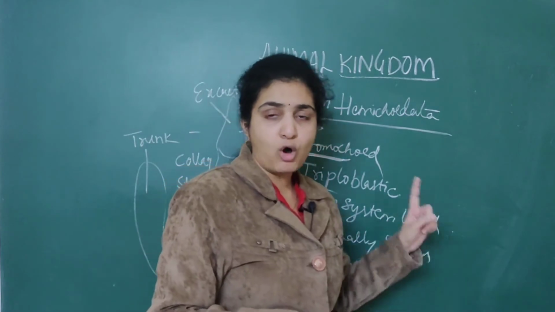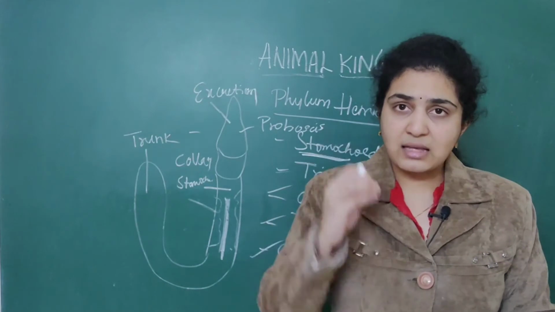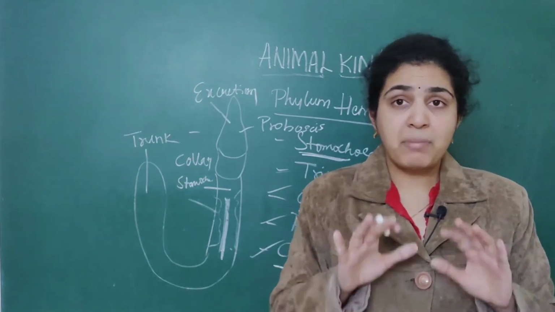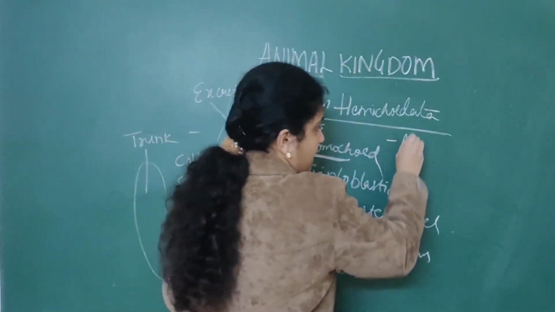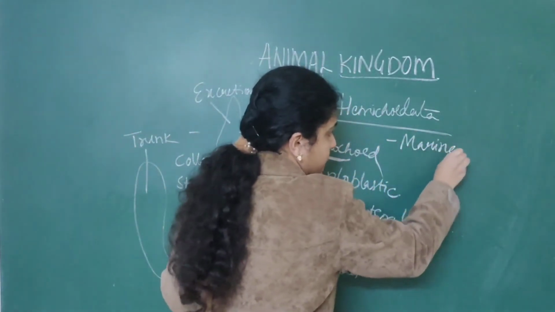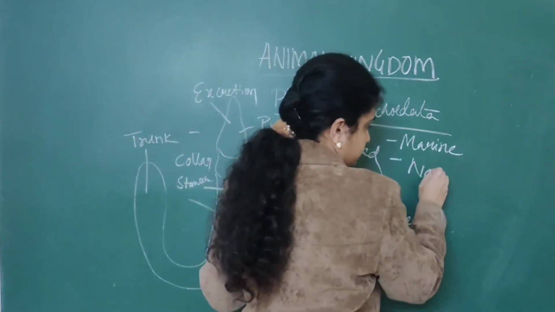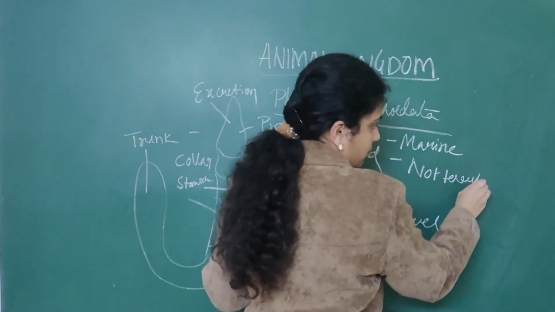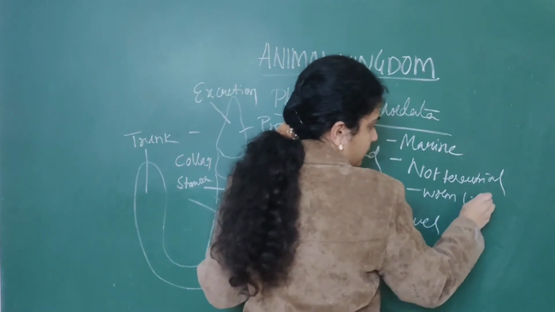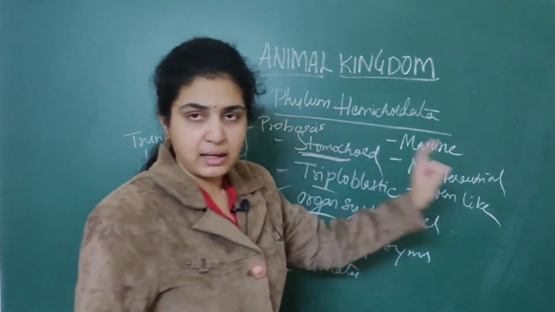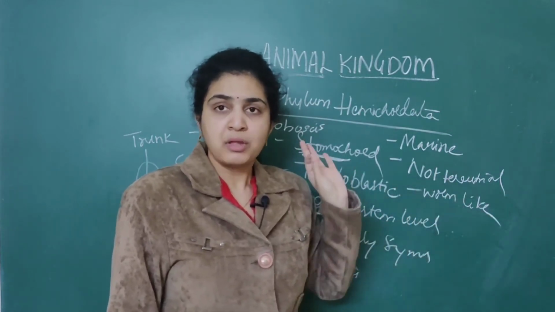Next, all these hemichordates are worm-like organisms, but they are not terrestrial. They are very much marine organisms. They are marine, not terrestrial, as well as worm-like animals.